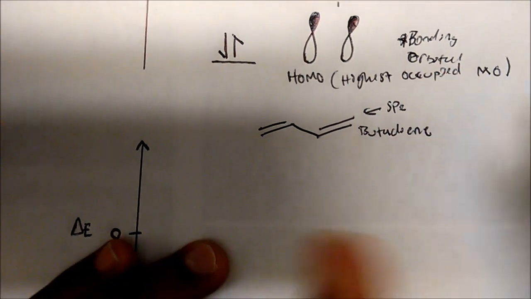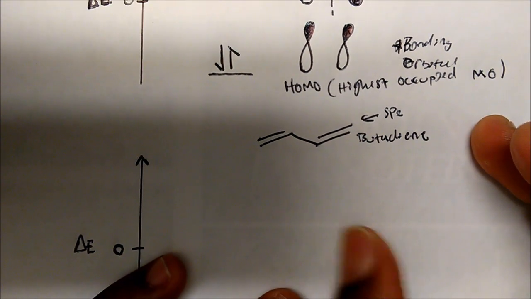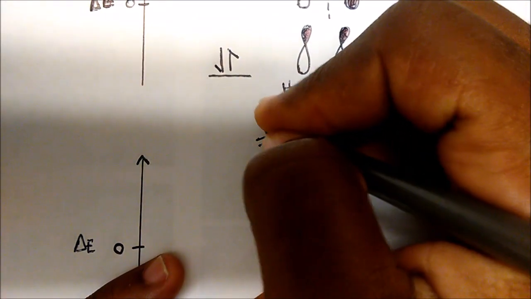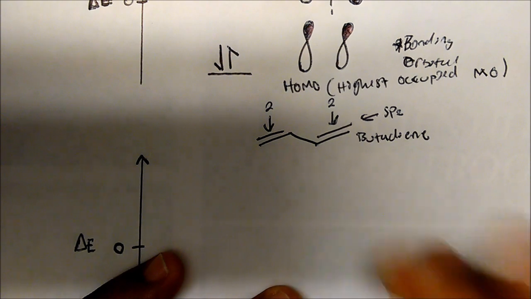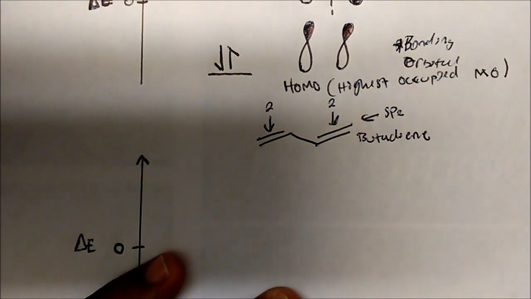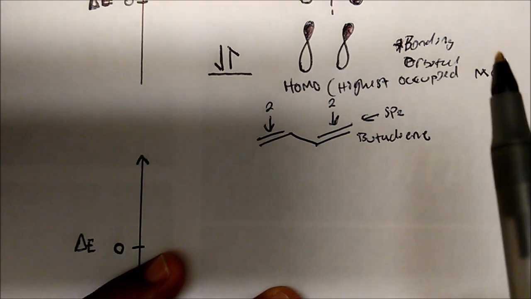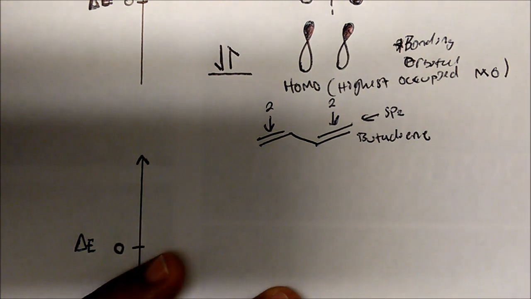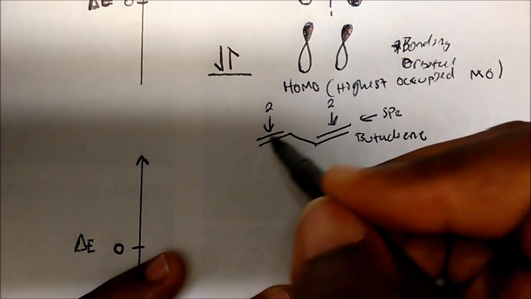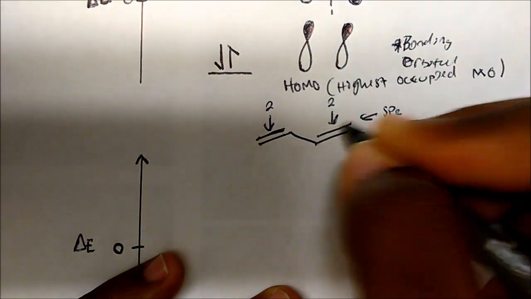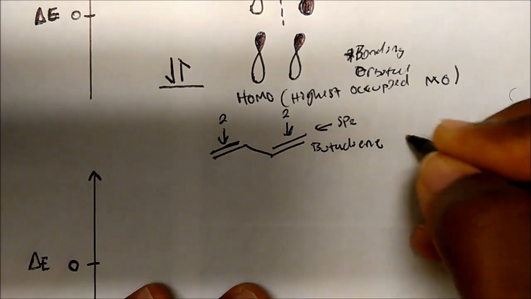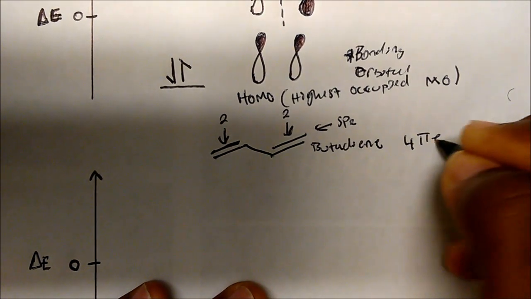The first thing you want to do is count how many pi electrons we have. Well, we have 2 and we have 2. Remember we said that each double bond consists of a single bond and 2 pi electrons. So we have 2 pi electrons here, 2 pi electrons here, which means that in total we have 4 pi electrons.